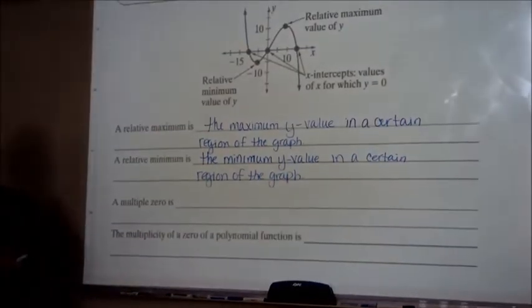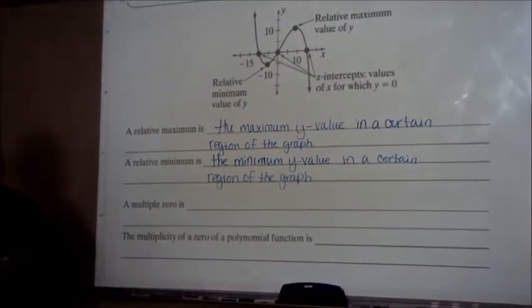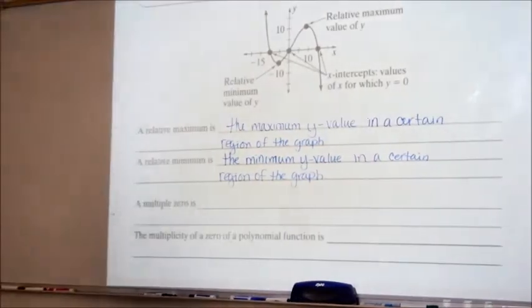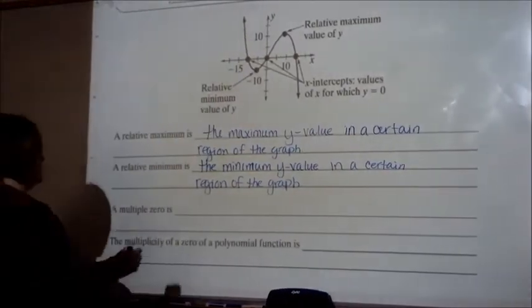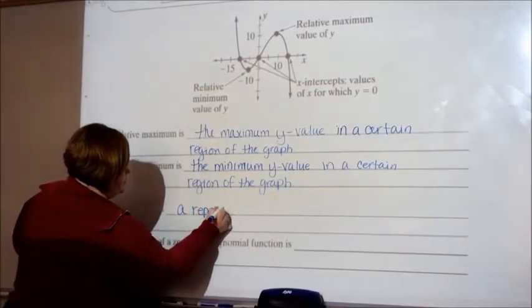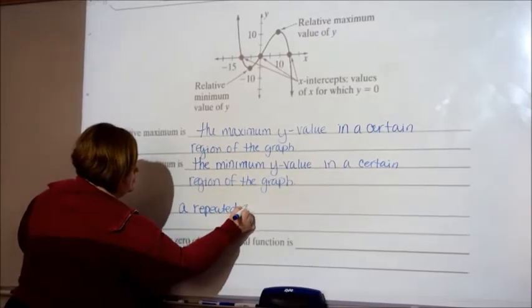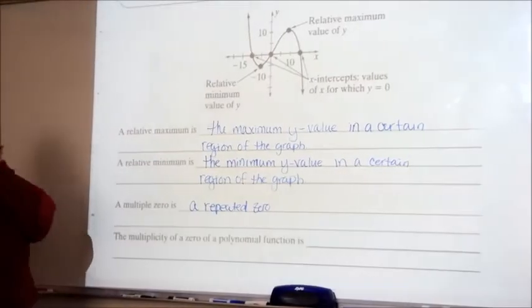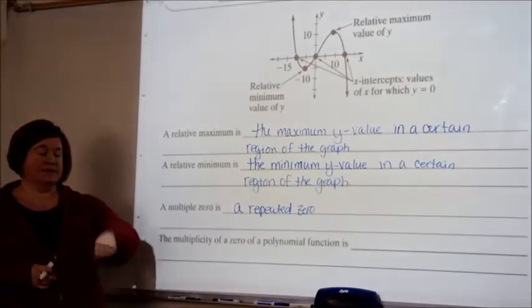Okay? So a polynomial may have a multiple 0. And a multiple 0 is just a repeated 0. And we'll get into what that means in a little bit. That'll have to do with those exponents.